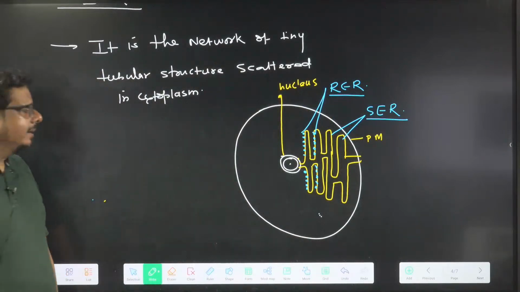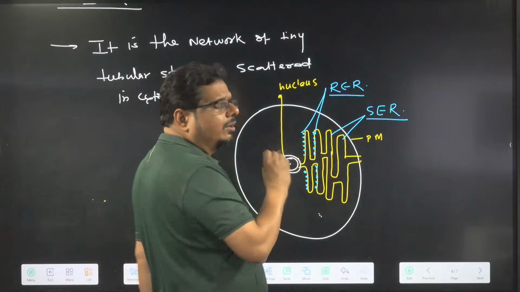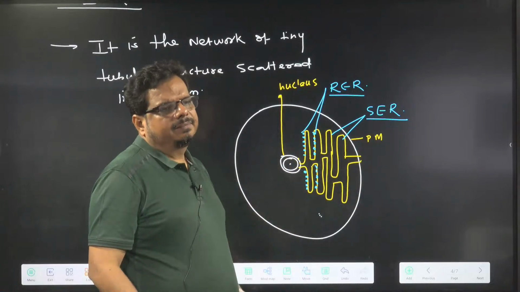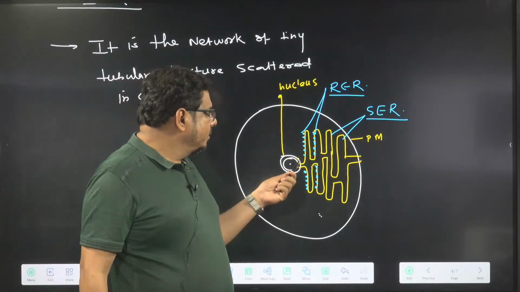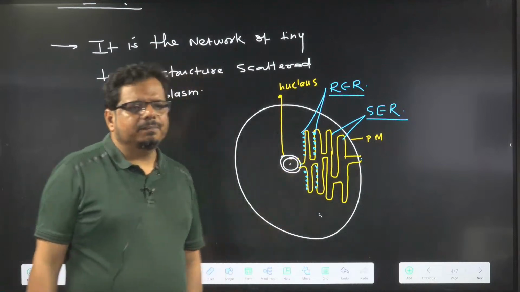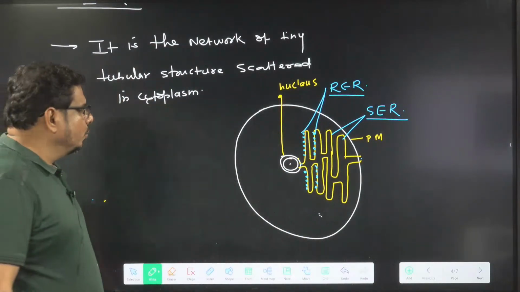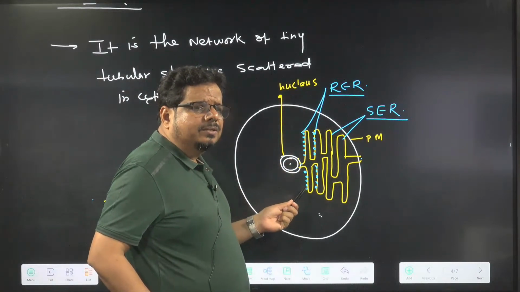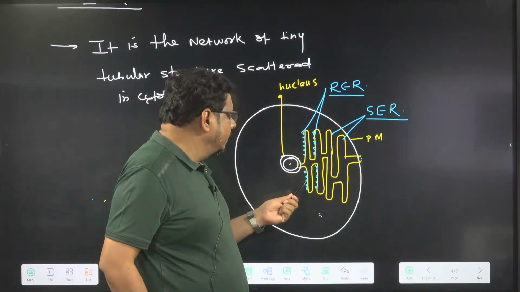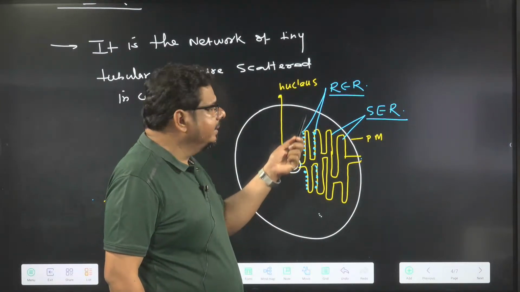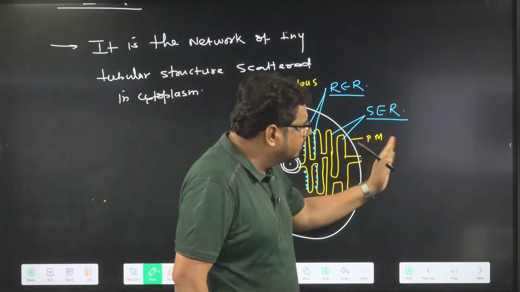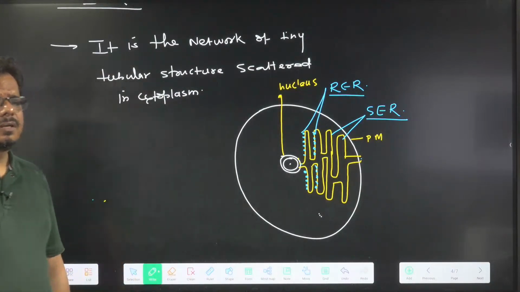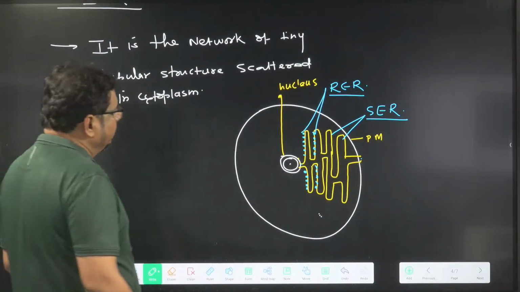So these are a network or reticulum of tiny tubular structures scattered in the cytoplasm, attached on one side with the nuclear membrane and on the other side with the plasma membrane.